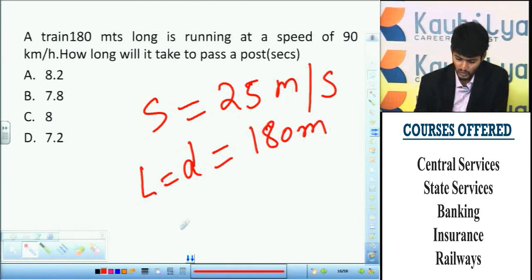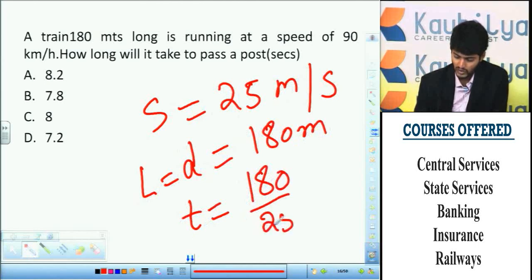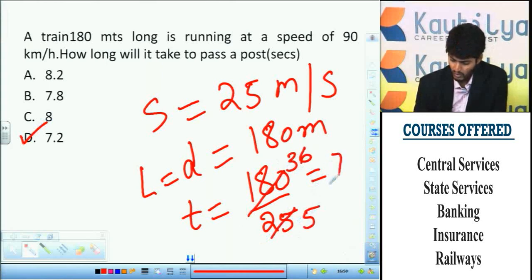Since I want to find the time, as in the previous problem, it would be distance by speed. You can easily say 25 sixes are 150, 25 sevens are 175. So the answer would be 7.2 if you do the entire calculation. Or you can cancel this in the 5 table: 36, 5 fives are 25, 5 goes 7 times, so you can do the calculation as 7.2 also.